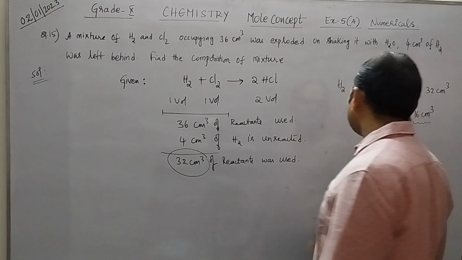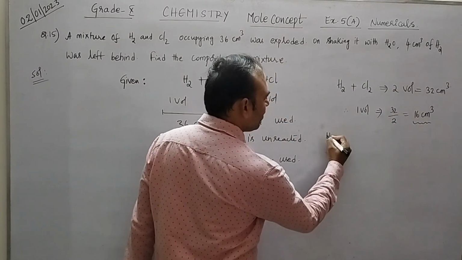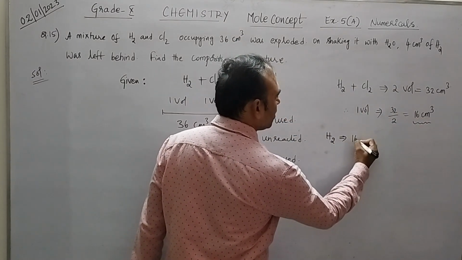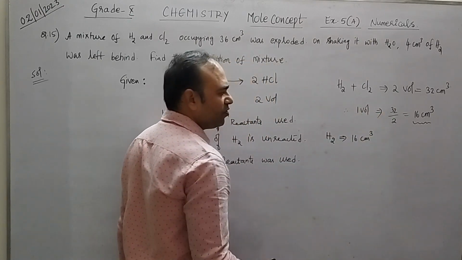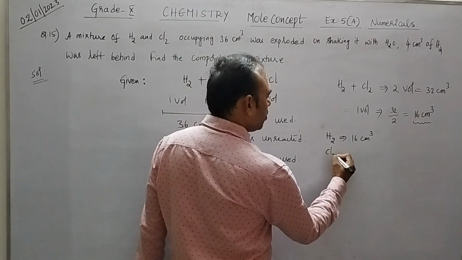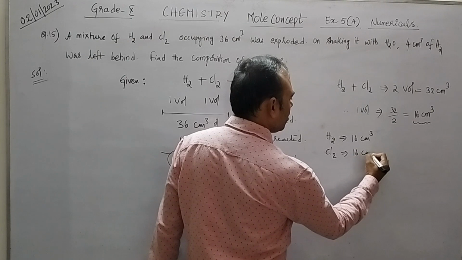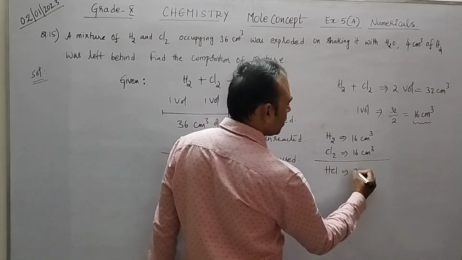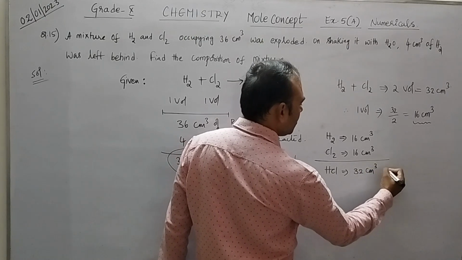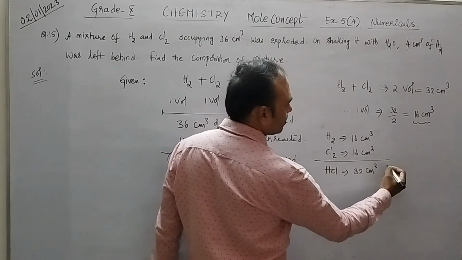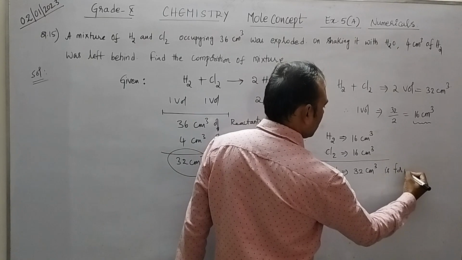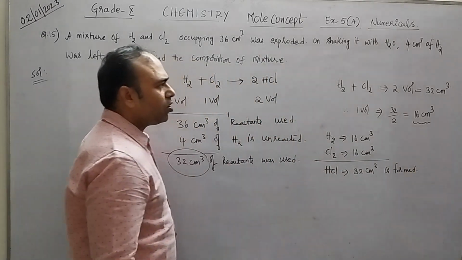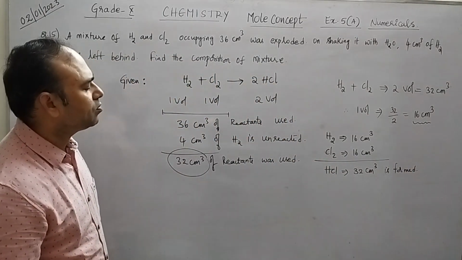So very easy to identify here. We have H2 16 centimeter cube which is reacted, and chlorine 16 centimeter cube which is reacted. And what is the product formed? HCl, nothing but 32 centimeter cube is formed. Now if you are talking about the reaction mixture, what will that be?